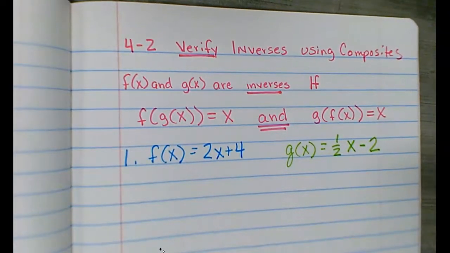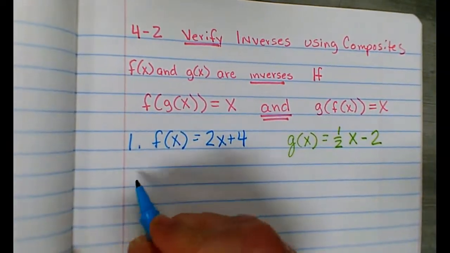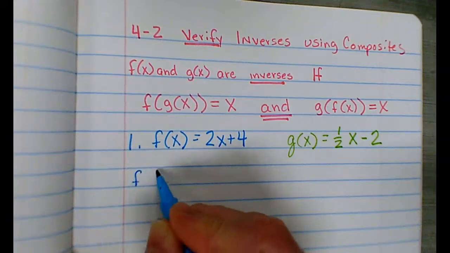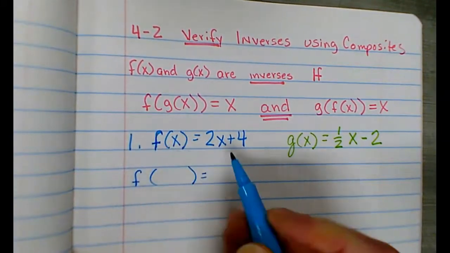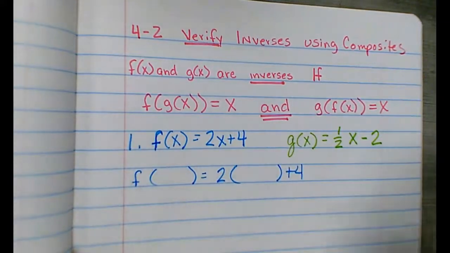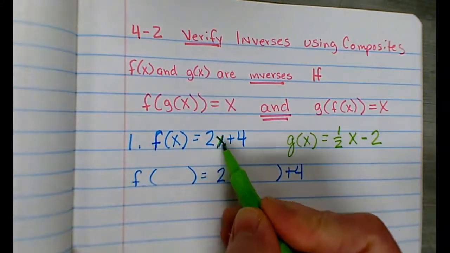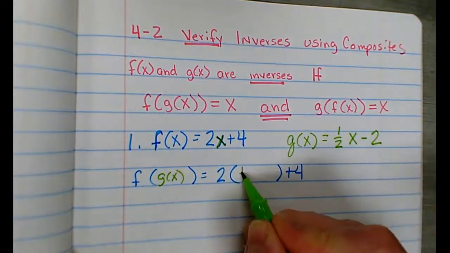Those are my two functions, and I am going to verify, I'm going to prove that they either are or are not inverses. So I'm going to start with the function called f, and in place of the x, I'm going to put in g of x.